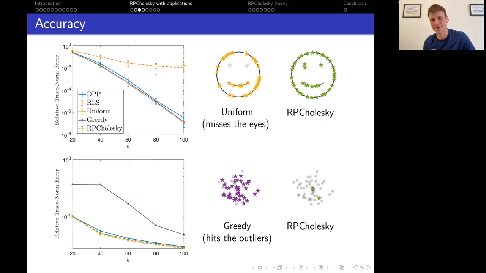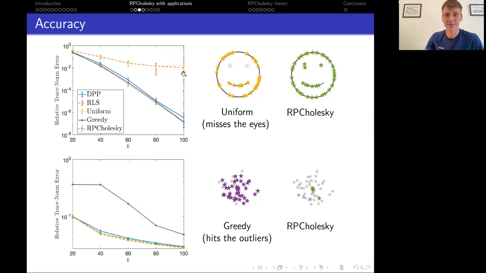There are several other methods in the literature, DPP sampling and RLS sampling, uniform sampling, and now our new RP-Cholesky that all do much better at recovering the structure of the universe. They mostly pick the planets at the very center. And then uniform sampling does the most terrible thing that you can do to a smiley face. It misses the eyes. So now this smiley face is, I don't know, just not as happy, I guess.